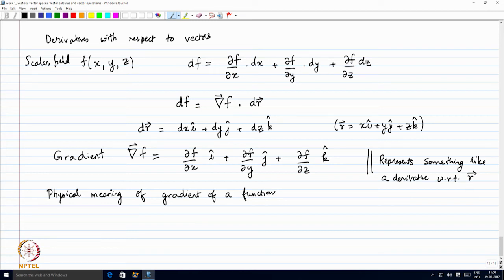So, what is the physical meaning of the gradient of the function? Okay. So, now actually as I said, it represents something like a derivative. Now, if you want to understand it better, we introduce the idea of what is called a directional derivative.